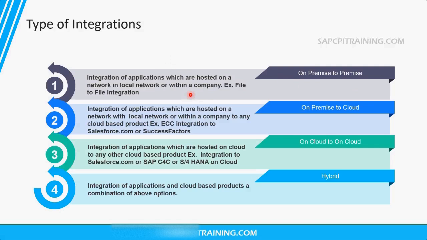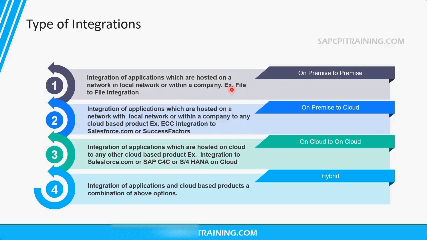When I say on-premise, it means that my sender and receiver system, or let's say if I am having 50 interfaces, then most of my interfaces are running either from a file system to ECC system that is on-premise, or pulling some data from an SQL server that is again somewhere in my ecosystem, my landscape, or even from a B2B partner, but that is not on cloud. I'm getting some data or sending some data to them and they are using it.